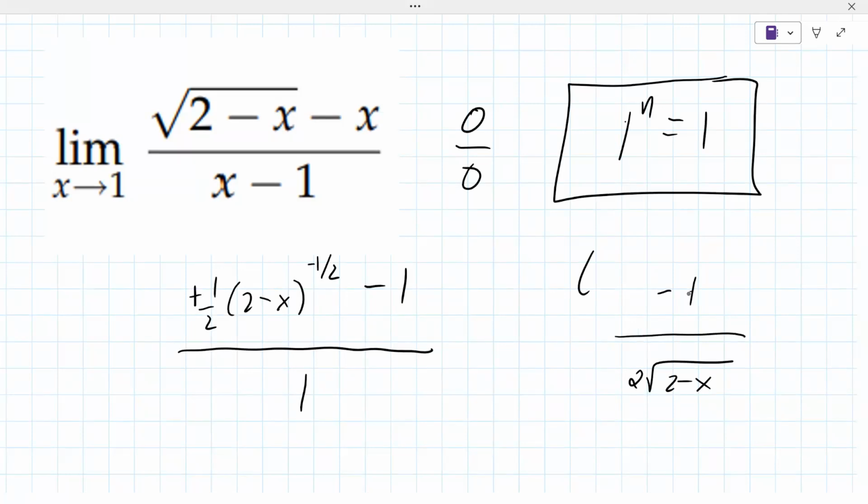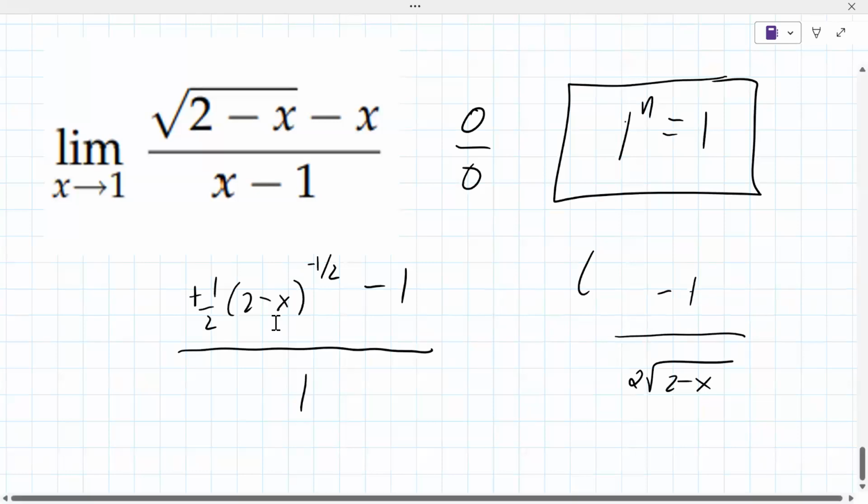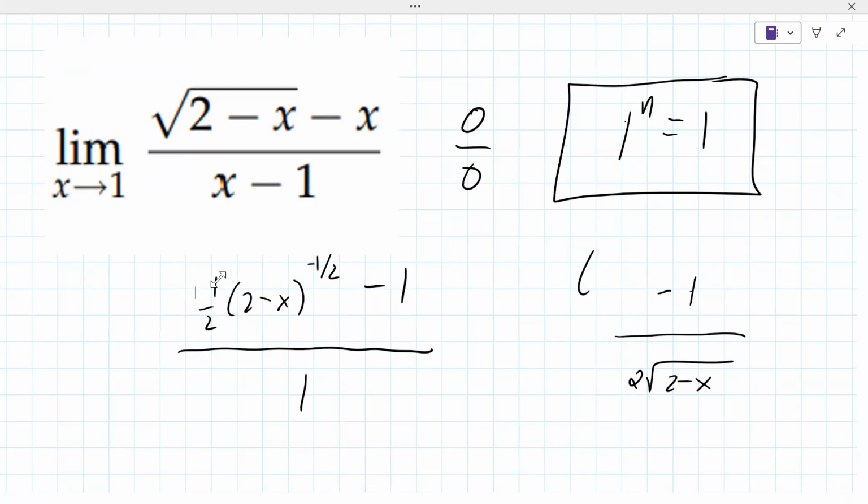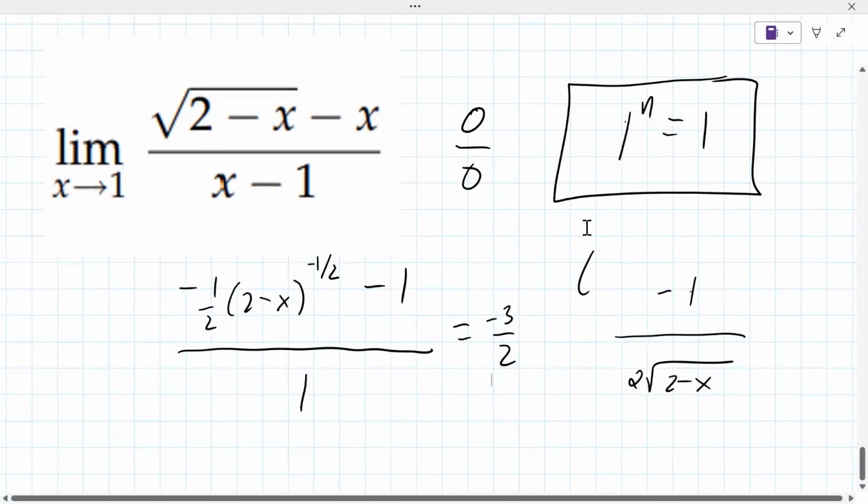I see. I think you had already accounted for it and I made you change it. The negative? Yes. So it is negative. It does change it to -3/2.